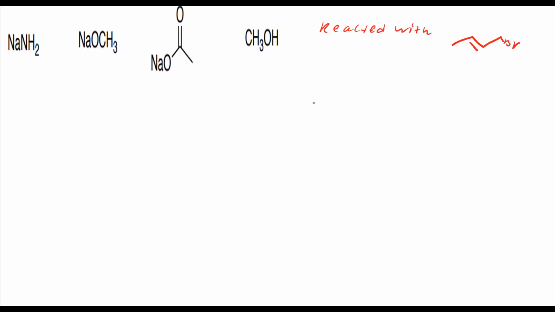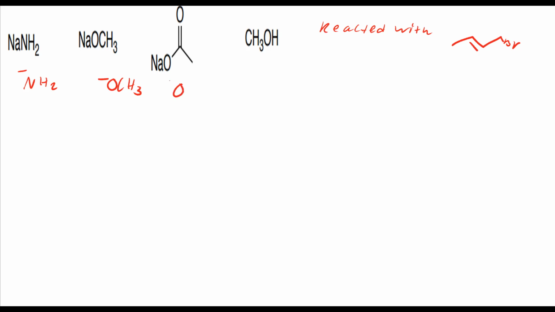Okay, so now we have to find out when reacted with this guy, which one is going to have more reactivity. Okay, well, is SN2 reaction possible? Over here we have a negative NH2. It's negative because of that metal group. Then we have a negative oxygen with a methyl group.